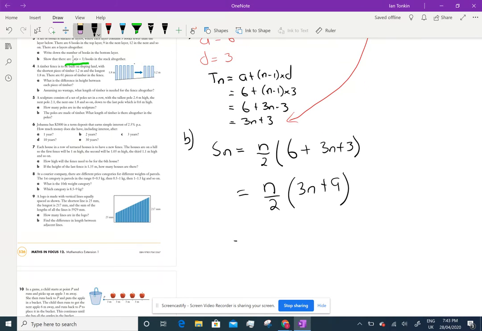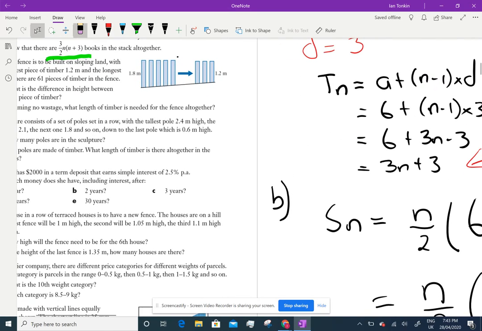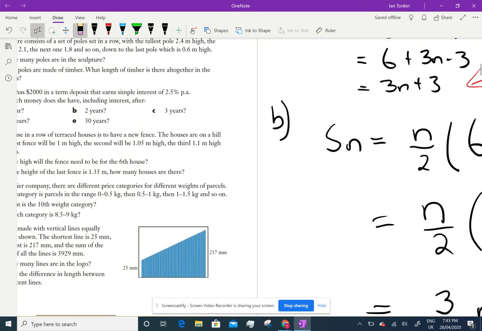I'm going to factorise out that 3. If I take 3 out of here, I'll get 3 outside of n plus 3. And that's what I need.